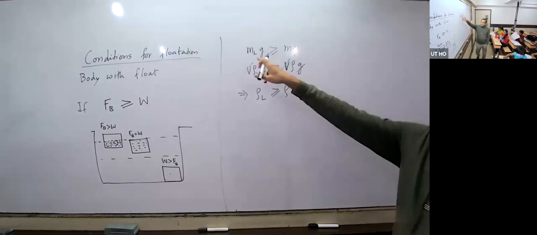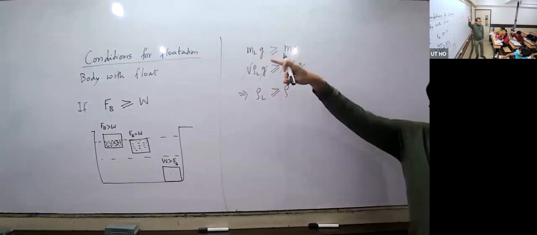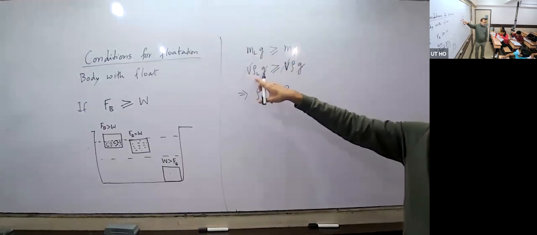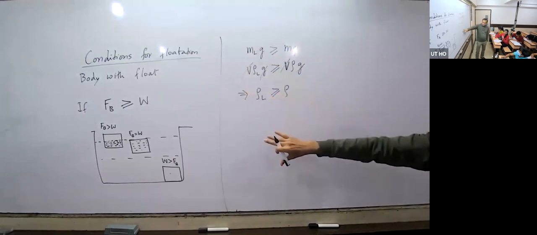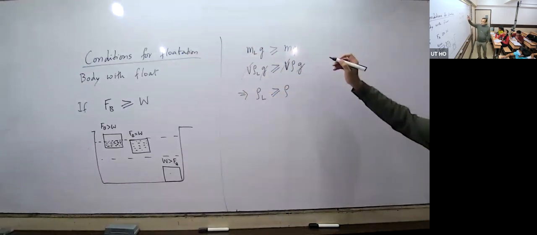Why did I write MLG? Because it is the weight of the liquid replaced. So weight of liquid replaced will be the volume of liquid replaced into density of it. That's it. We discussed it in the previous slide, the previous note. Okay? Next.